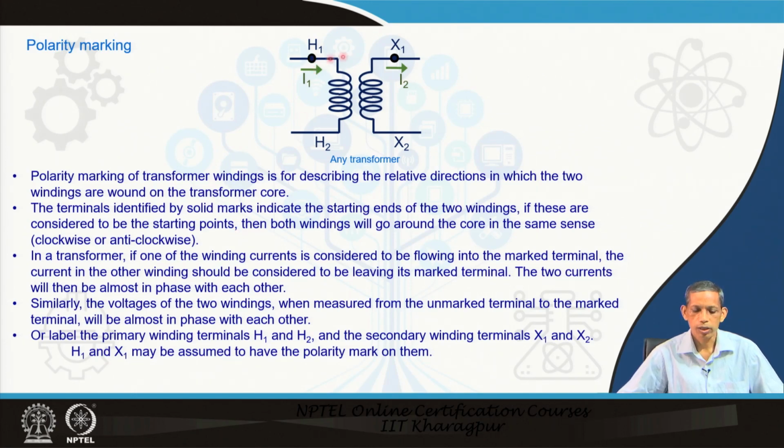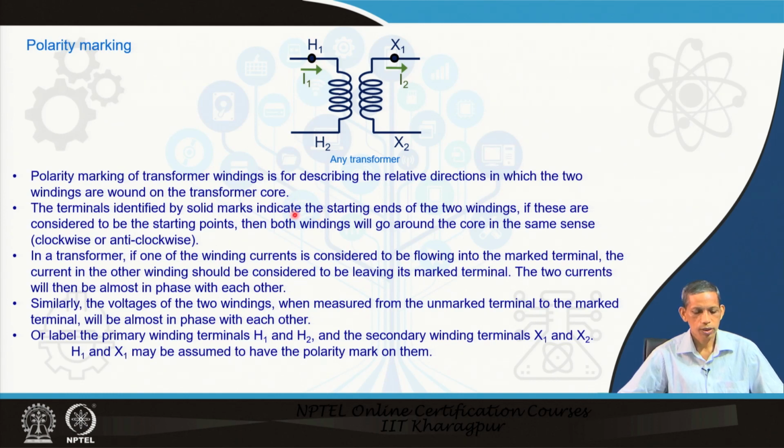So, this mark and this mark are at the starting point. What it shows is that with respect to the starting point, if you go to the other end, the windings in the core will be wound in the same sense, either clockwise or anti-clockwise. This is being revealed by this marking.